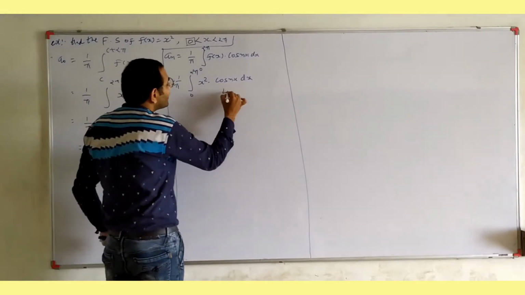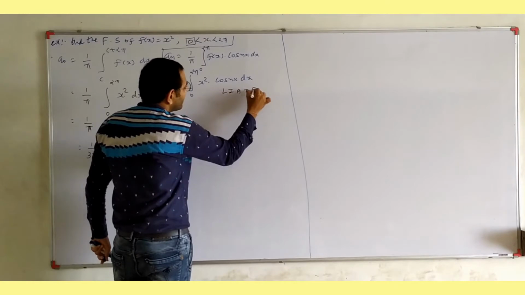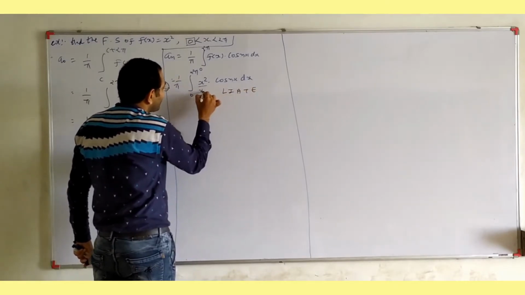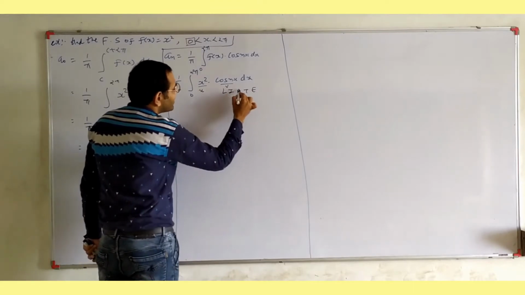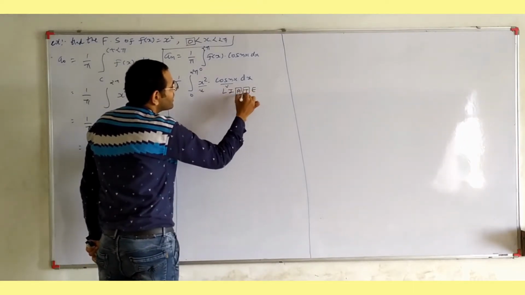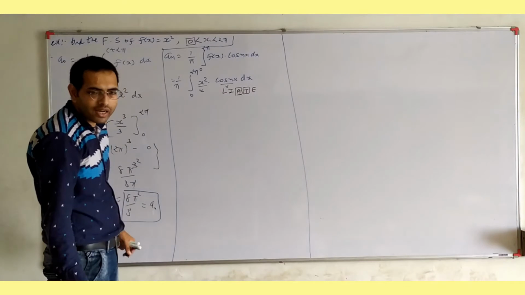Then according to the ILATE rule, here x square is taken as u and cos nx is taken as v, because x square is an algebraic term and cos is a trigonometric term.